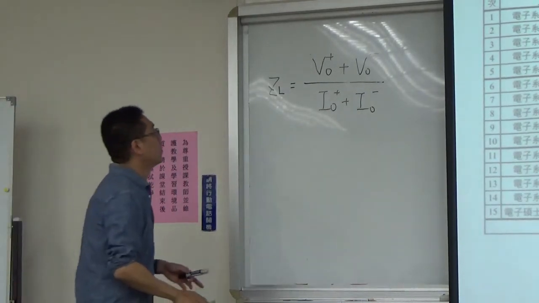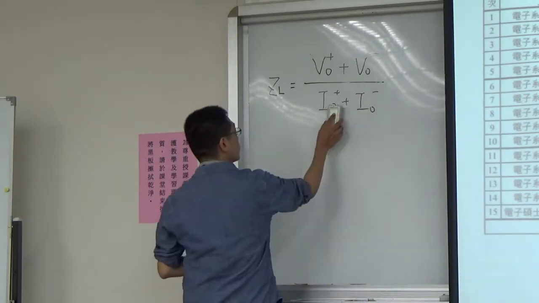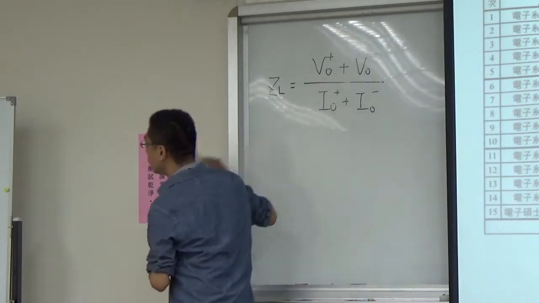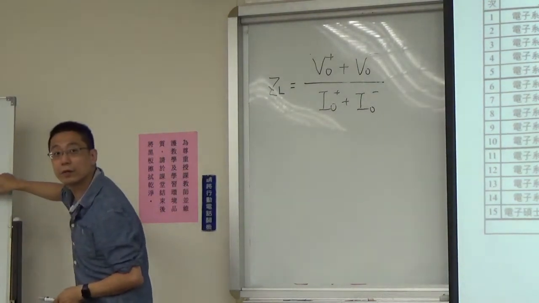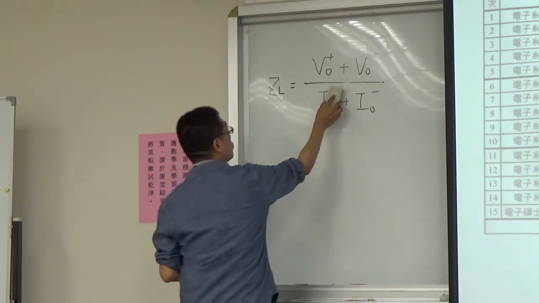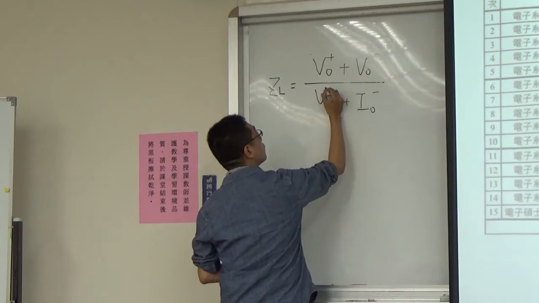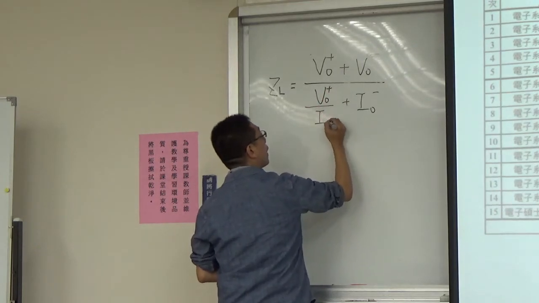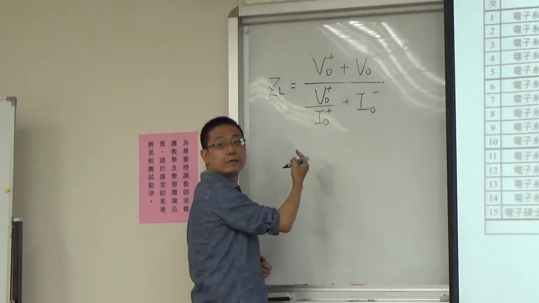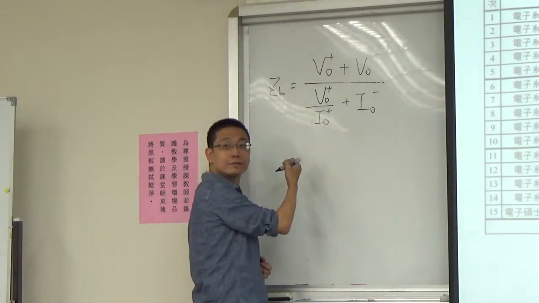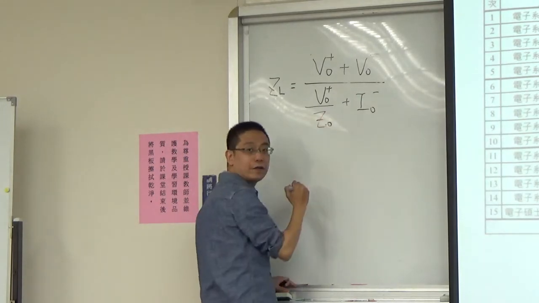First, you change I0 plus and I0 minus to this one. Use the definition of characteristic impedance. You can change this one to V0 plus divided by Z0, sorry, Z0.